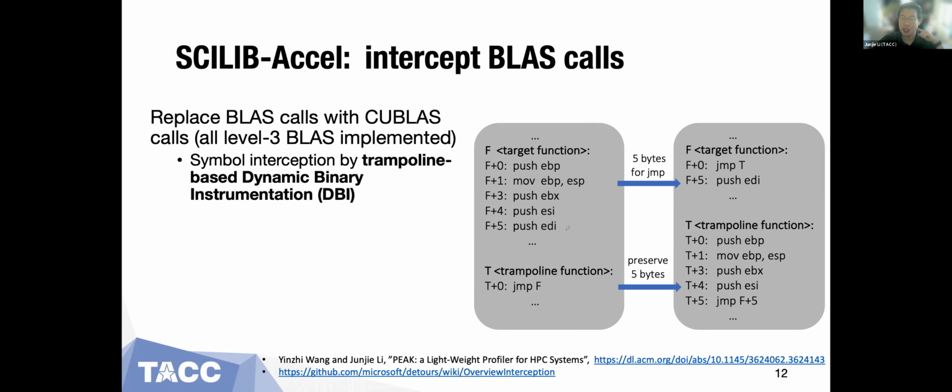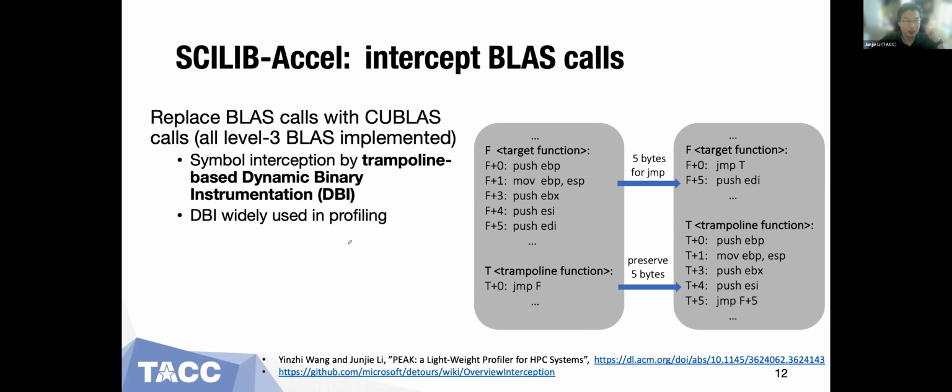What it does is insert a few extra jump instructions into the function calls in the user binary. So when the execution calls a given target function, the extra jump instruction redirects it to our trampoline function. After we do whatever we want in the trampoline function, we issue another jump instruction, either back to the target function or back to the original user execution workflow.